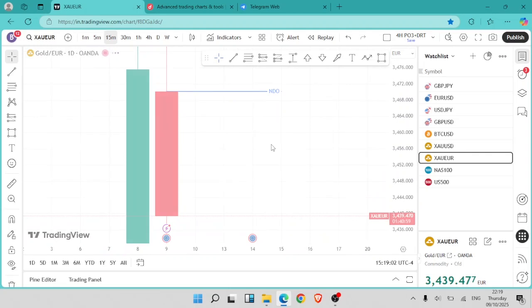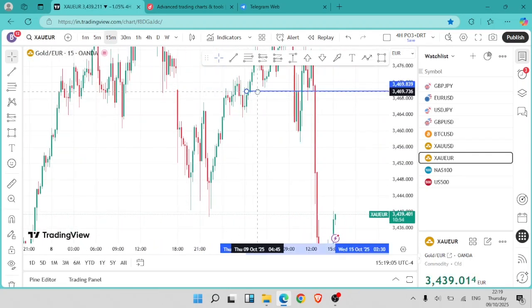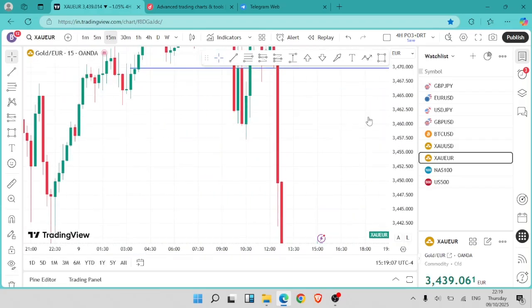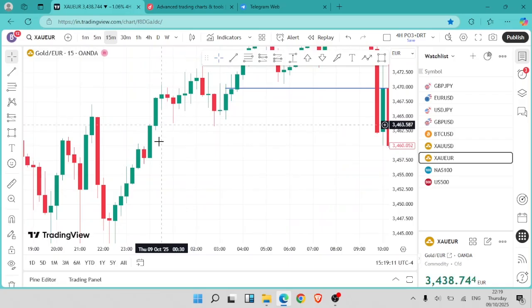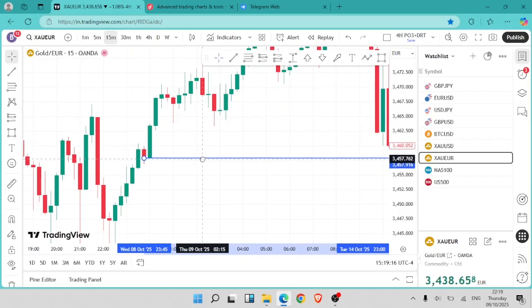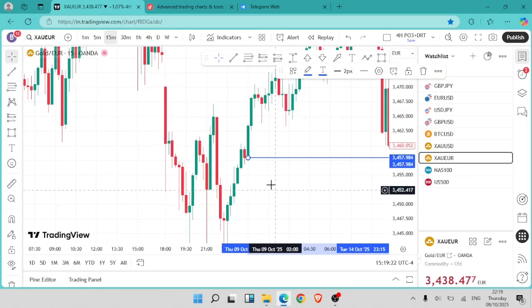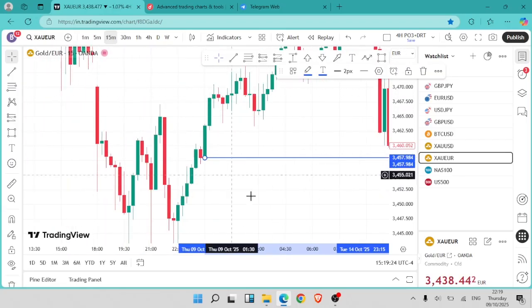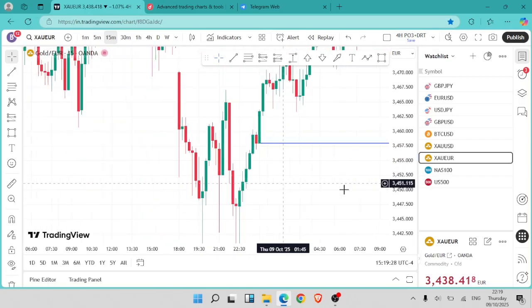You go to the 15-minute time frame and you want to adjust your new day open to where the true new day open was, which was Thursday at midnight, which is here. You can see this is also a new day open, but it's based on a different time because of that gap. But I'm working with this New York time.